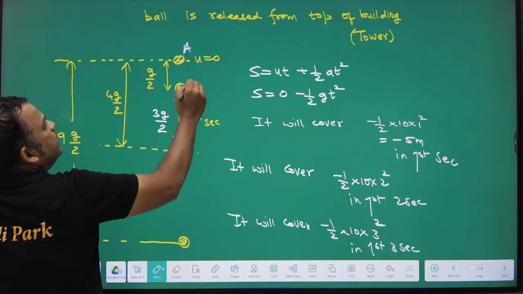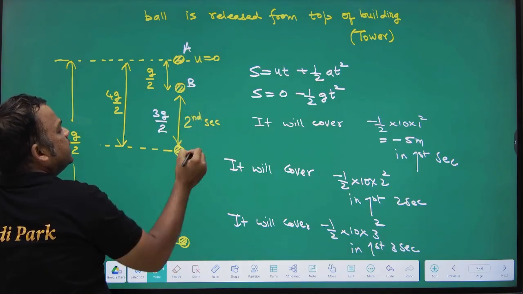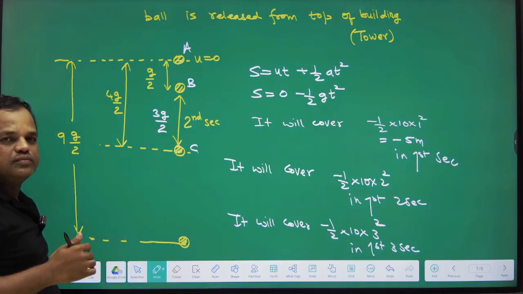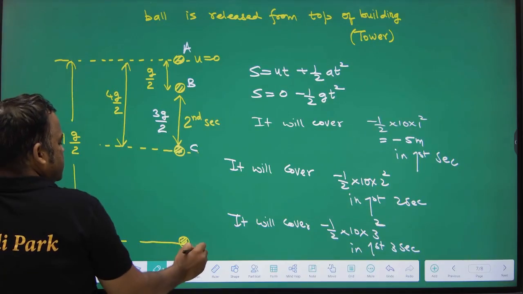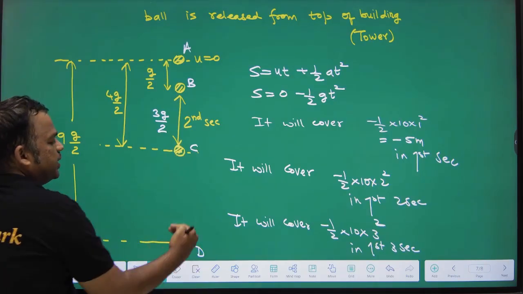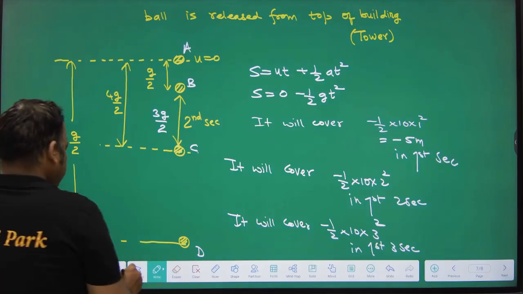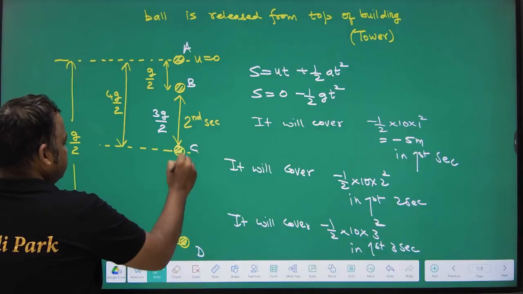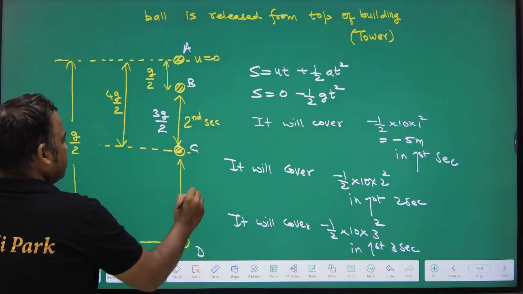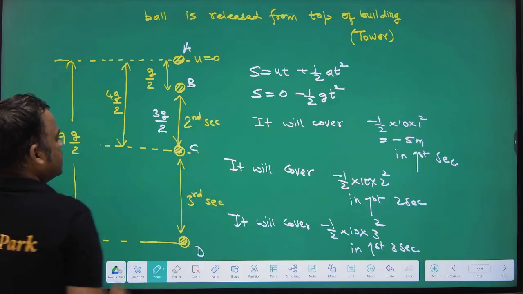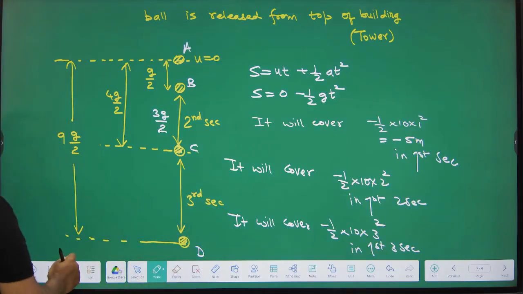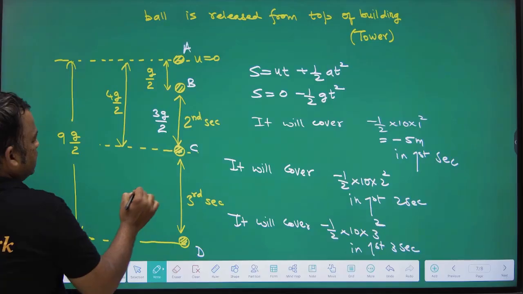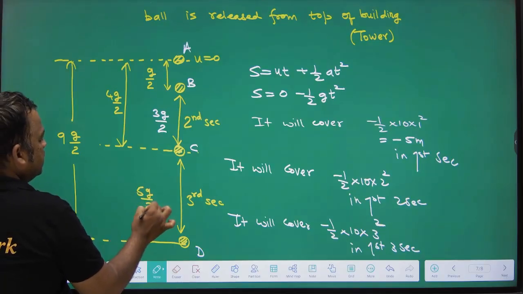So A to B is the displacement in the first second, B to C is the displacement in the second second, and C to D will be the displacement in the third second. So in the third second, it is covering 9g by 2 minus 4g by 2, that is 5g by 2.